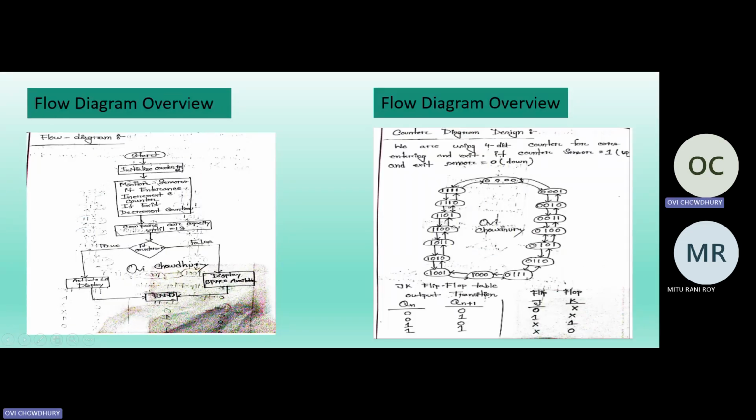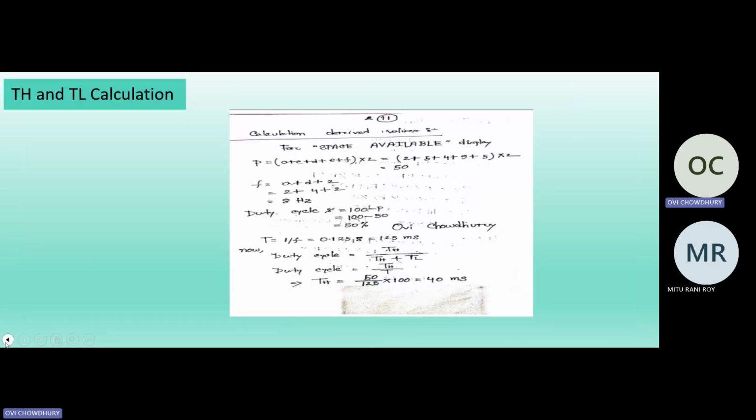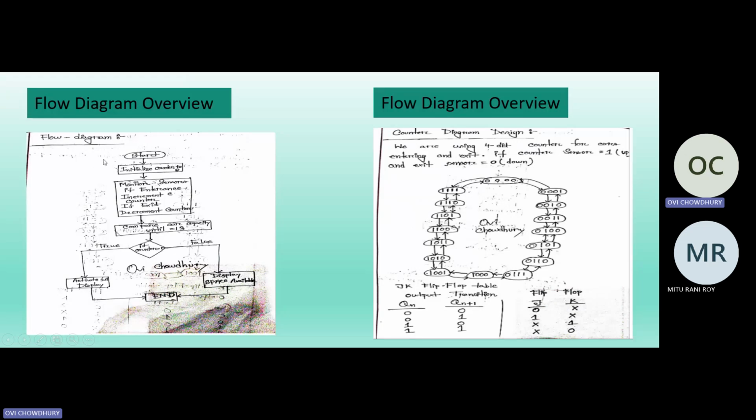Flow diagram overview. In this flow diagram, we show an overview of our project: how the cars enter or exit, and how it shows the garage is full or has available space. It also shows how the system works, with the counter increasing or decreasing as cars enter or exit, using a counter from 0 to 13 in binary code: 0000, 0001, 0010, and so on.